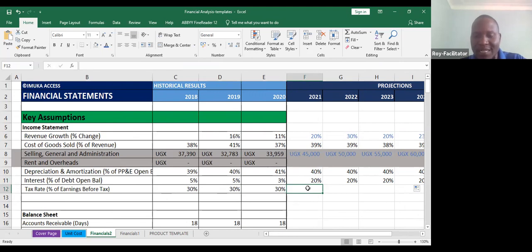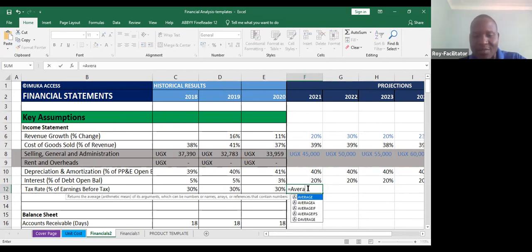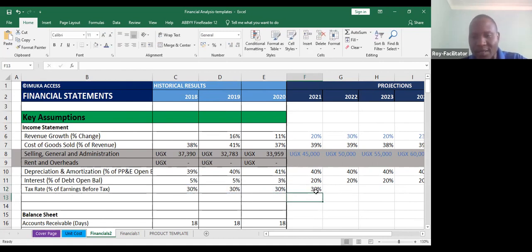So I'll just put the 30%. I'll maintain the 30. So I can type, or I can simply just, don't worry, but I can still type the 30%. It's still one and the same. Sorry, and I'll extrapolate that way.